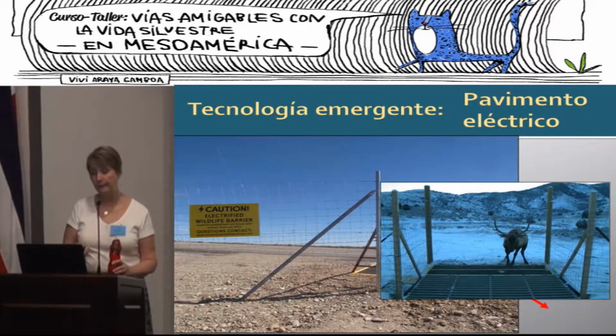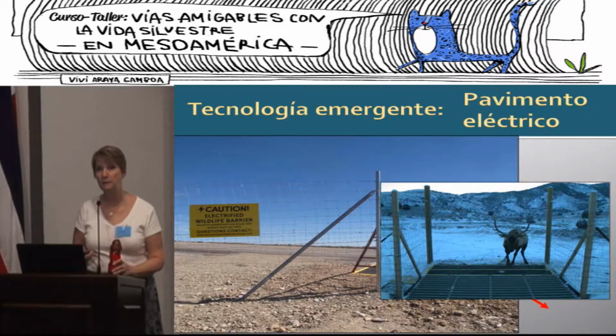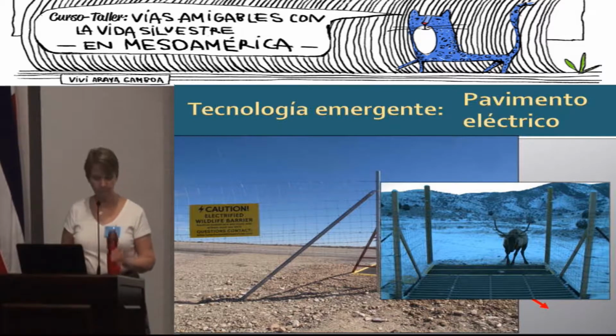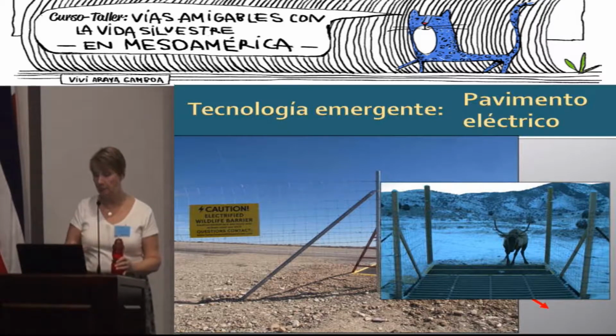Well, actually, I shouldn't say it that way, because it's not a jolt that will kill animals. It's just enough. It's like if you touch an electric fence, you don't touch an electric fence ever again. You do it once, that's it. And that's the same thing. There's an image of an elk that's just learning that.